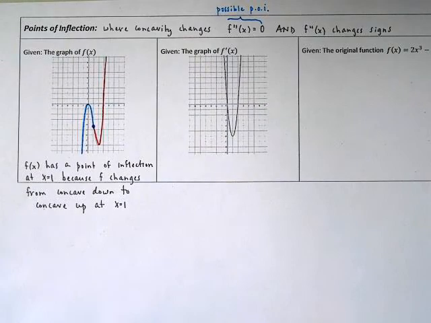So we know it's a point of inflection because we know the concavity actually changed there.